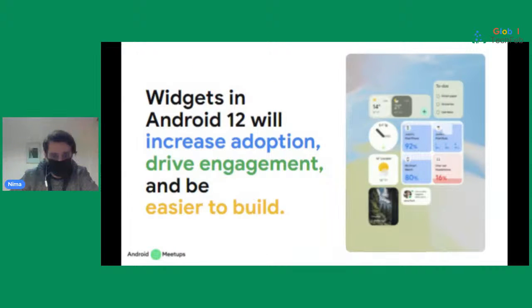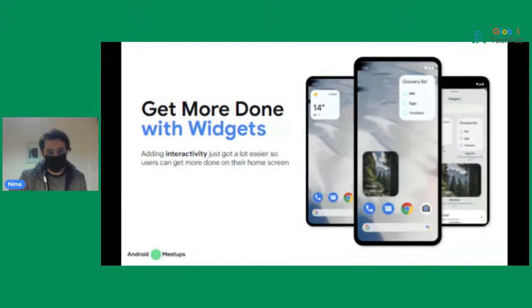So next, as I mentioned, widgets are a really important part of Android. They have always been. And now in Android 12, you can make widgets much more engaging and it can increase your adaptation. You can design them very freely. It's going to be a lot easier to build also, which I'm going to mention later again here in the presentation.